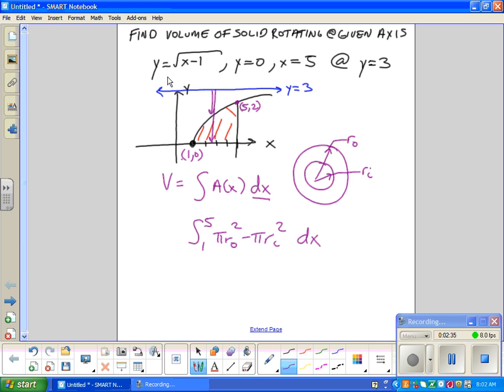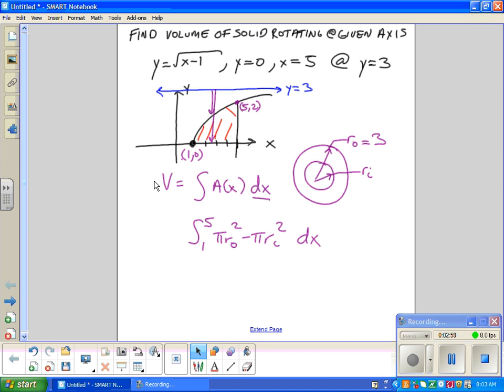I think the RO is awfully easy. What's the RO every time? It's always 3 to the x-axis. This distance right here, I'll put a green line in here and I'll move it. If I move it, it's always 3, all the way through there. So we don't have to worry about that. It is always 3.